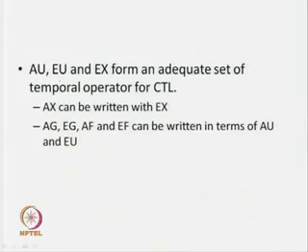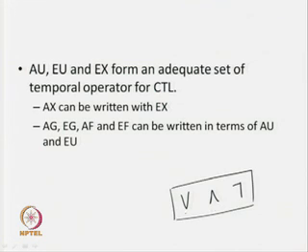We can come to a restricted set, and after that other operators will be expressed with the help of that restricted set. In that case, we can say that AU, EU and EX form an adequate set of temporal operators for CTL. Like in propositional logic or classical logic, disjunction, conjunction and negation form an adequate set of operators, because with the help of these 3 operators we can express any other operator.